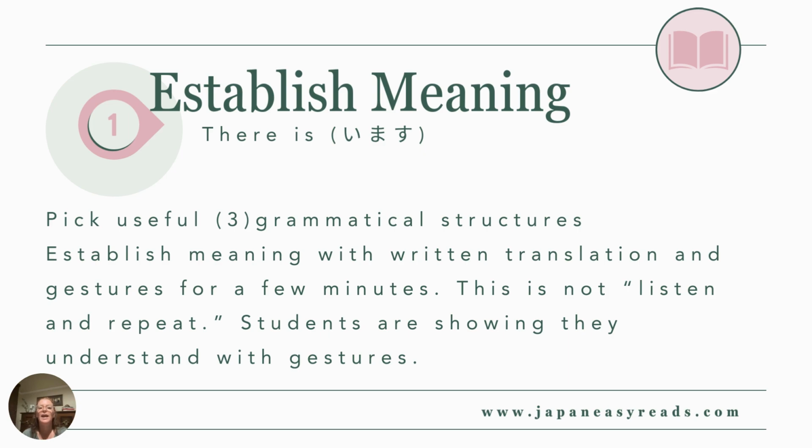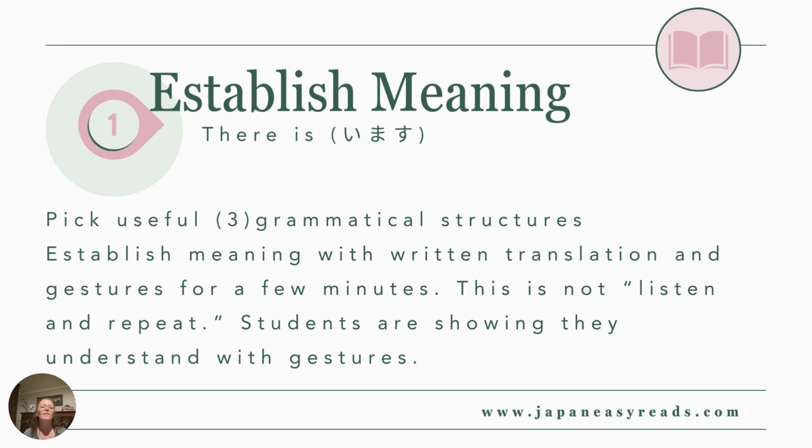So to have a look at this, we establish meaning first up. So we might pick 3 grammatical structures, and we establish meaning with written translations for the gestures and gestures for a few minutes. And it's not a listen and repeat type drill.